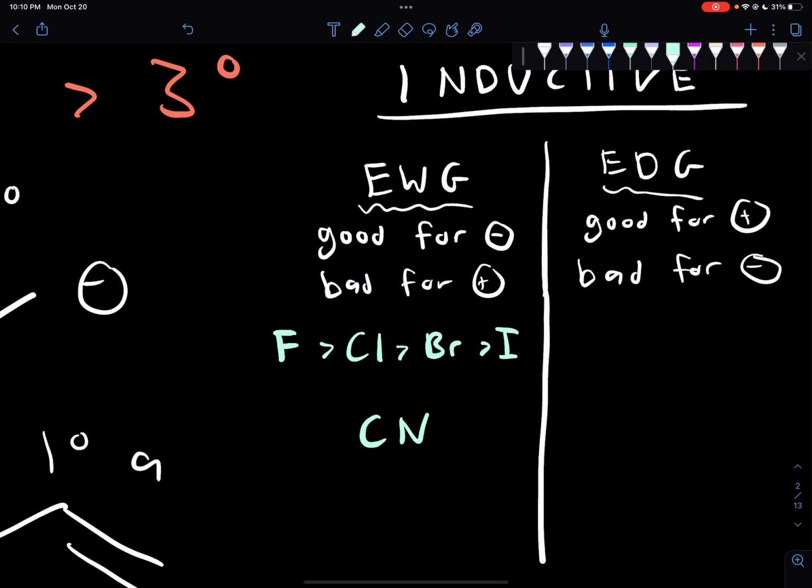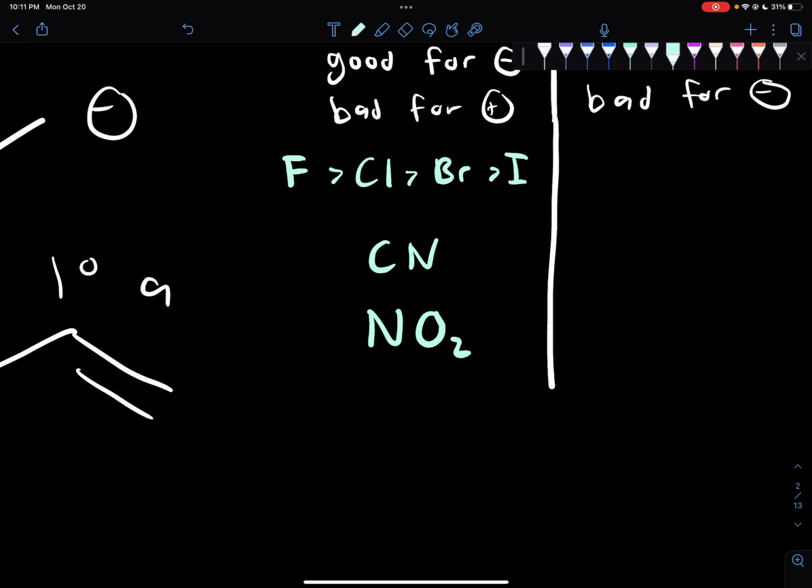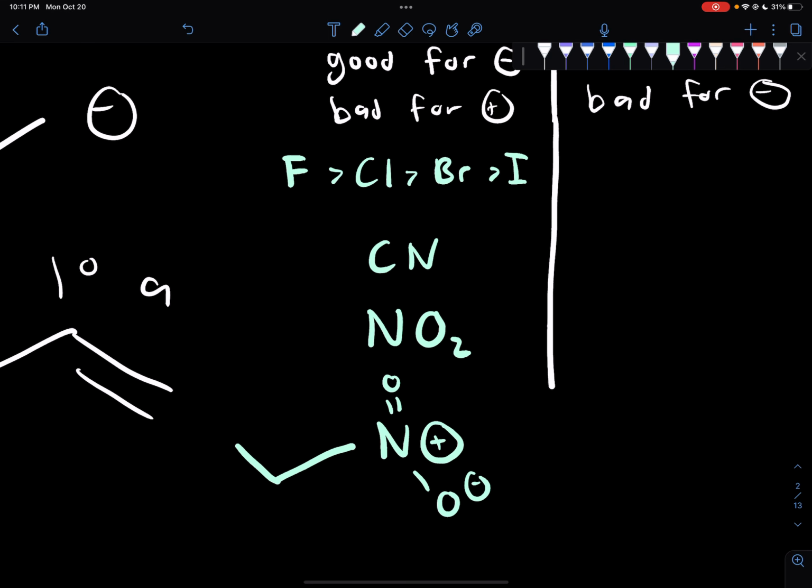And then we have CN, or a nitrile group, which generally is written as CN, but it can be written as this. So make sure you can recognize this. And we also have NO2. NO2, if it's in a molecule, will look like this, where your nitrogen has a positive charge. So that's very good, right? It's very electron withdrawing.